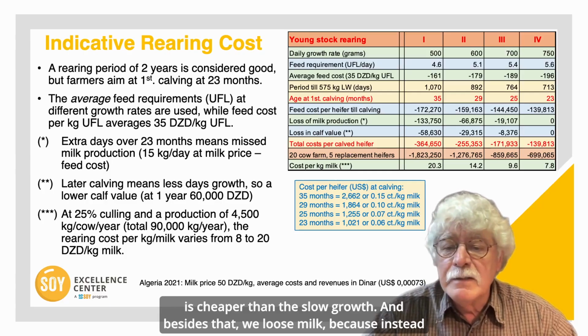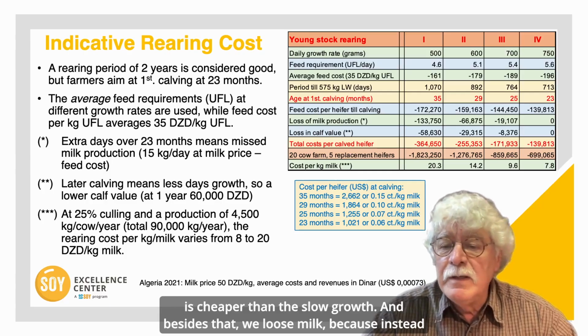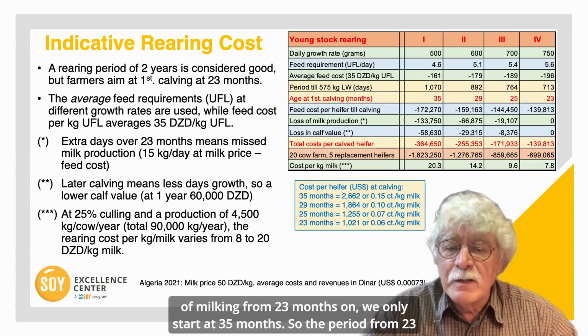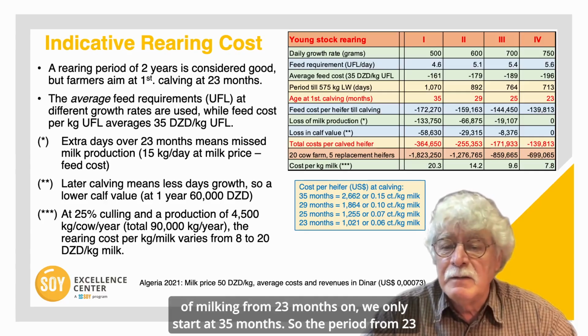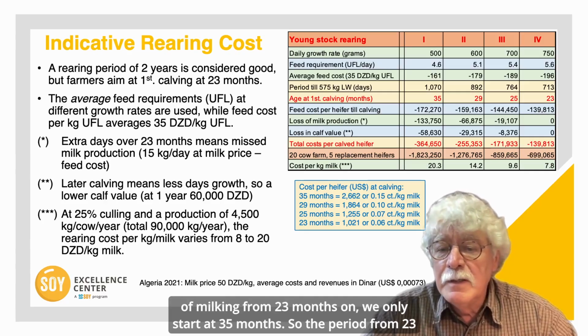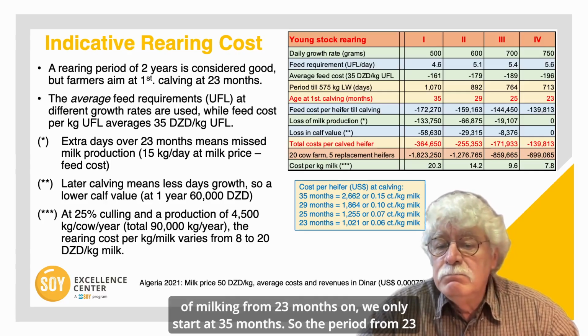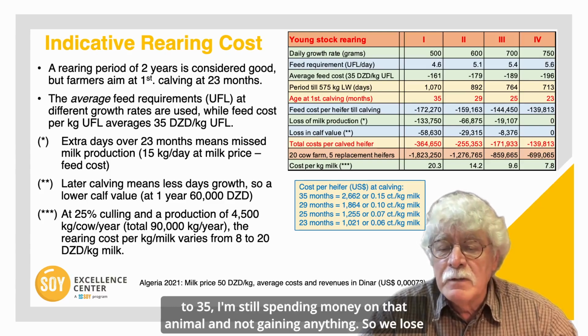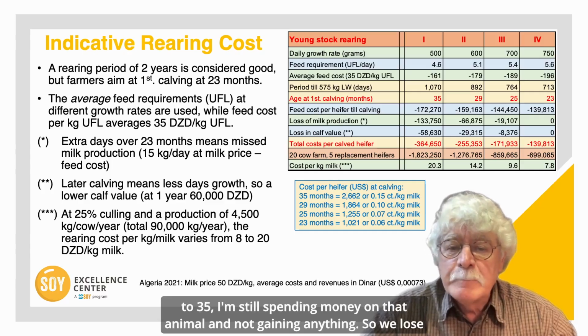And besides that, we lose milk because instead of milking from 23 months on, we only start at 35 months. So for the period from 23 to 35, I'm still spending money on that animal and not gaining anything.